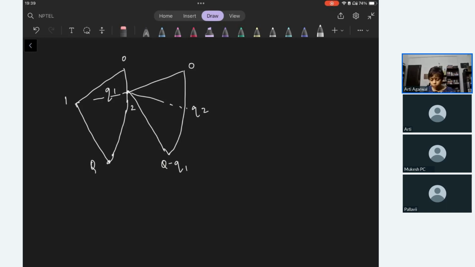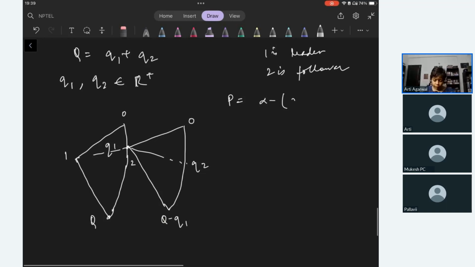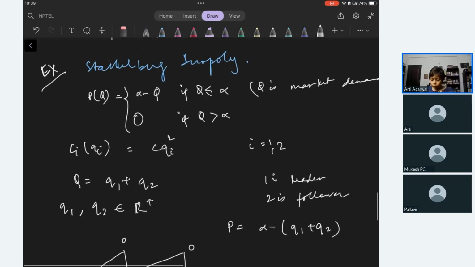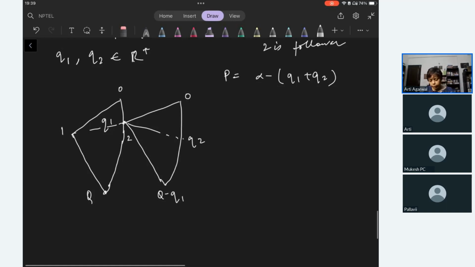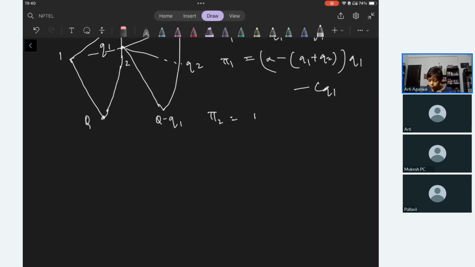Now let's write the profit function of both the firms. Price we know is alpha minus capital Q, which is Q1 plus Q2. I'm just simplifying this. Now let's write the profit function of 1. It is P Q1 minus C Q1. P is this value, alpha minus Q1 plus Q2, into Q1 minus C Q1. And phi 2 is alpha minus Q1 plus Q2, into Q2 minus C Q2.